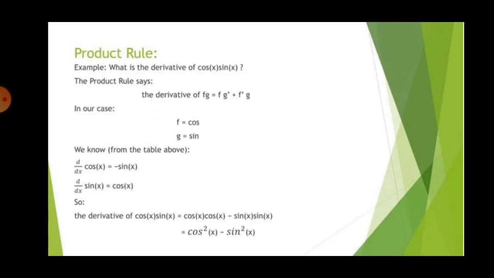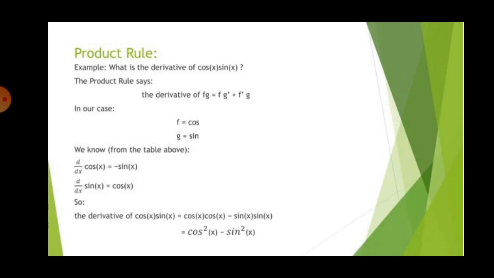Product rule. What is the derivative of cosine x times sine x? The product rule says the derivative of fg is equal to f g prime plus f prime g. In our case, our f here is cosine and our g is sine. We know from the table above that d all over dx of cos x is equal to negative sine x.